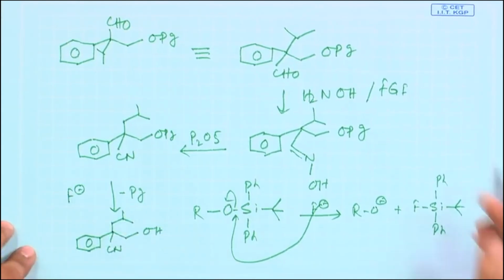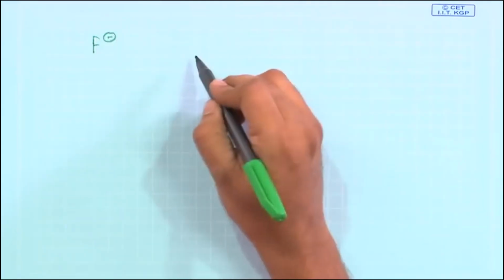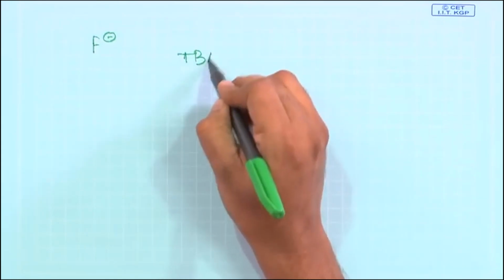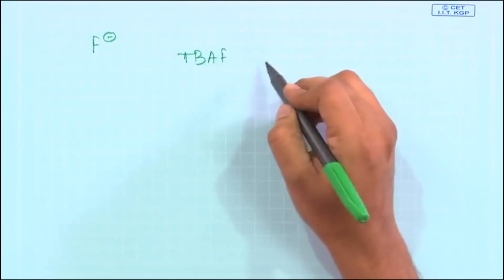Now, coming to the fluoride source, what kind of fluoride source can you think of using for silicon deprotection? The best fluoride source we will be using is TBAF, tetrabutyl ammonium fluoride.